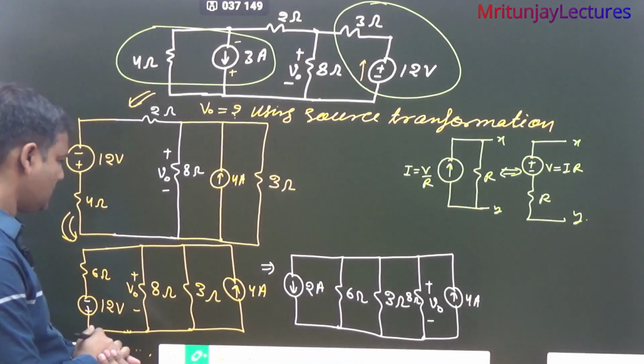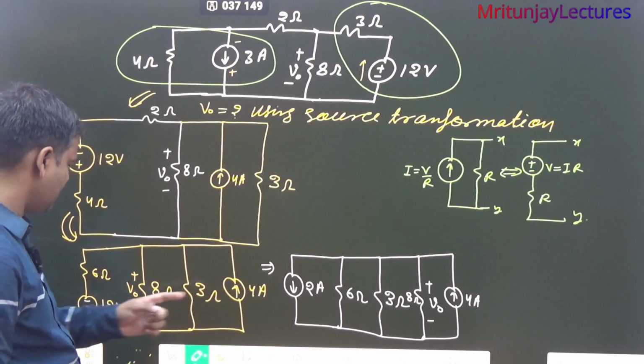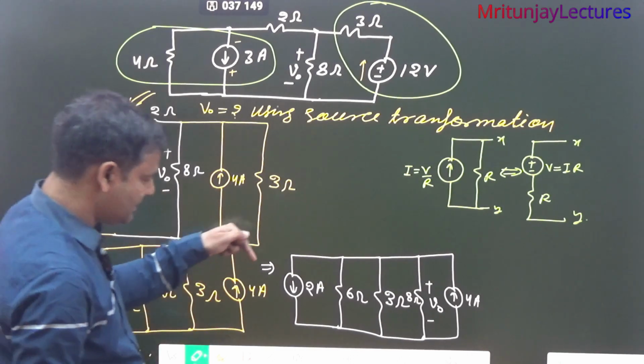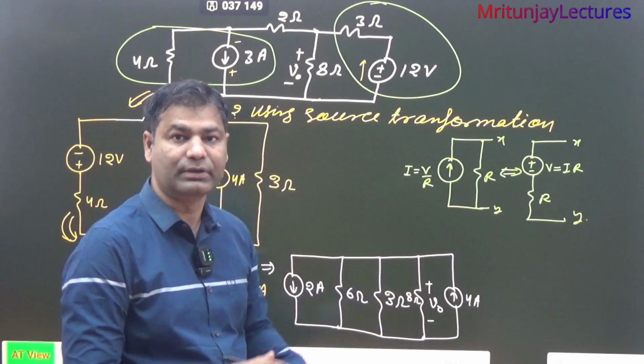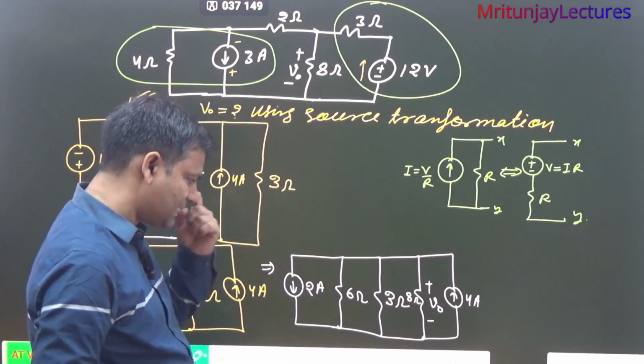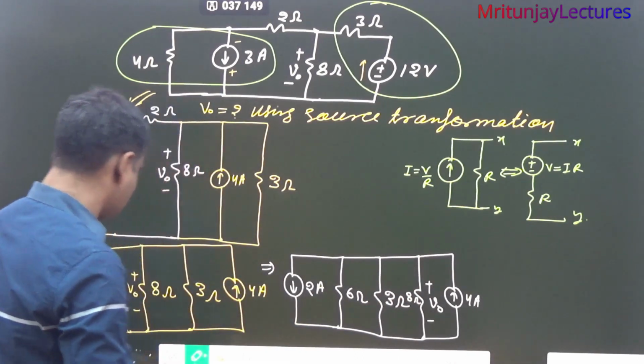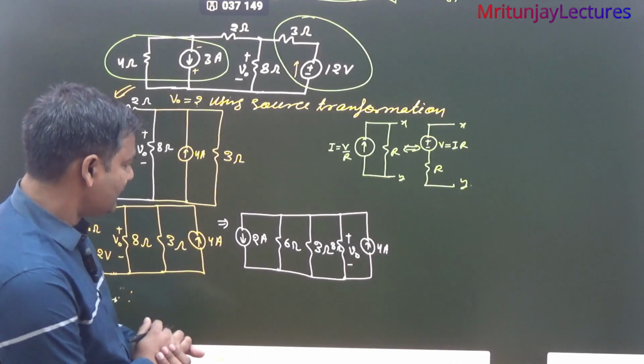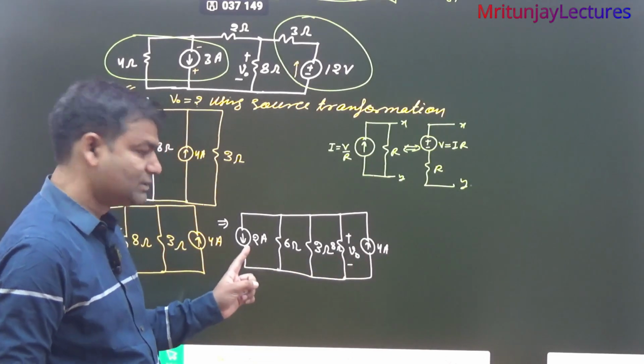That is 4 ampere and that one is 2 ampere. That direction downward and that direction upward. Okay. After that, if you see very carefully, that is 4 ampere and that is 2 ampere.